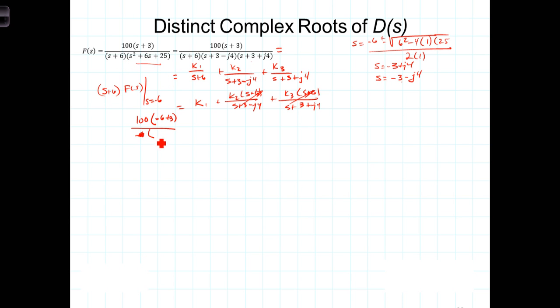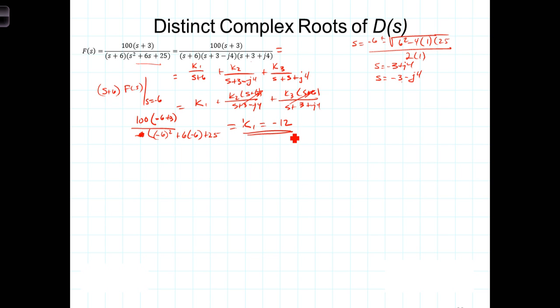And then in the quadratic term, we have negative 6 squared plus 6 times negative 6 plus 25. And when you evaluate that, we find that this is equal to k1, and evaluating that gives us that k1 is equal to negative 12.